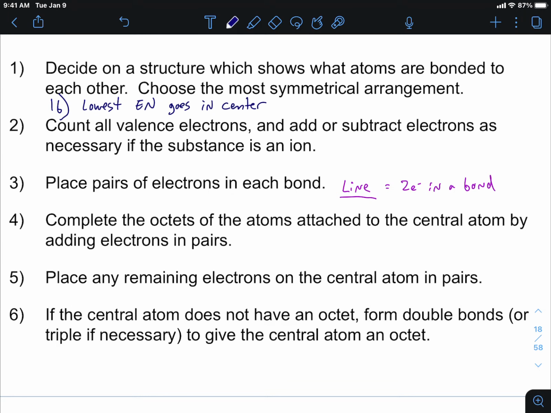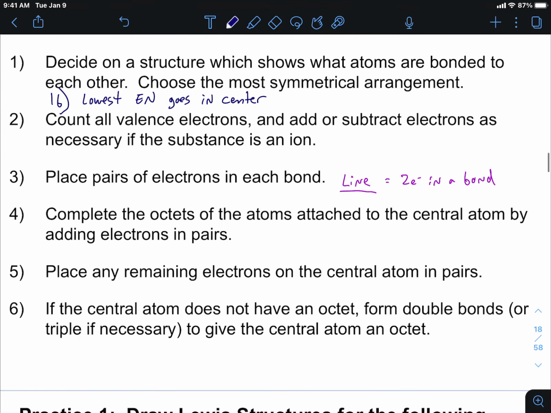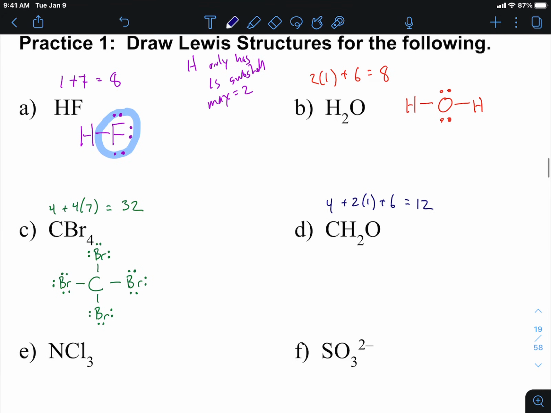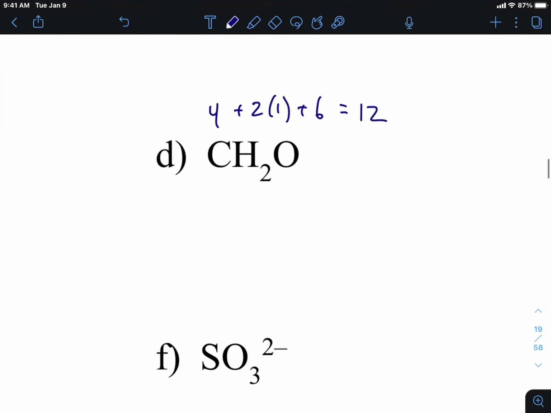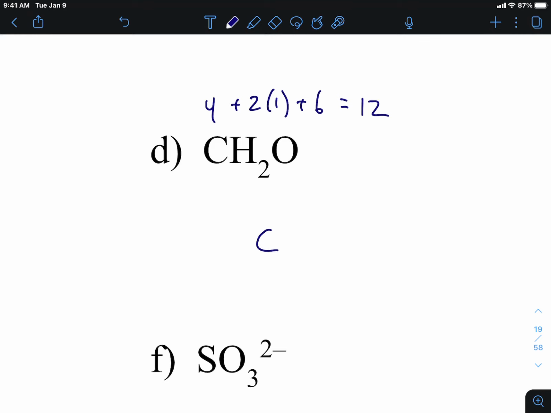So if I have to put the lowest electronegativity in the center, between carbon and oxygen, which one would that be? Carbon, yeah. All right, so let's put the carbon in the center.